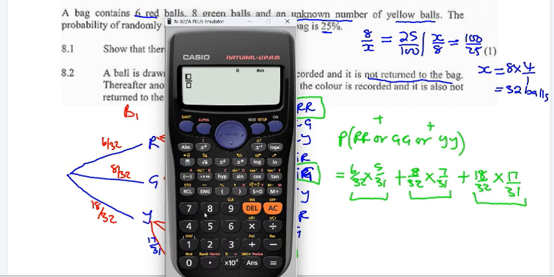On our calculator, we have 6 over 32 times 5 over 31, and then after that we have plus 8 over 32, and then times 7 over 31, and then plus the last combination, 18 over 32 times 17 over 31.